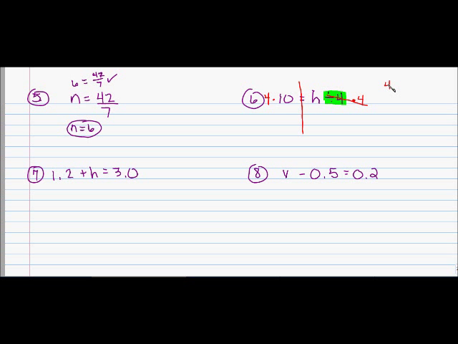Anytime I have a whole number, it's always over 1. If I divide by 4, okay, let's take this for example. How do I solve that problem? Well, the first thing I do is I rewrite my problem. 4 over 1, write my first number.